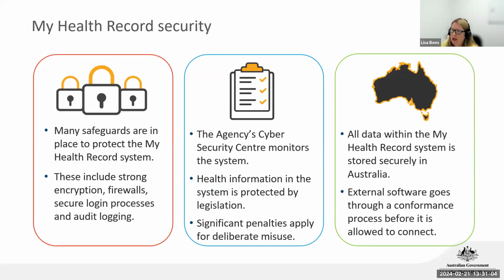And My Health Record security. The system is managed in line with the Australian Government Protective Security Policy Framework. My Health Record data is stored in Australia and is protected by high-grade security protocols to detect and mitigate against external threats. The system is tested frequently to ensure these mechanisms are robust and working as designed.